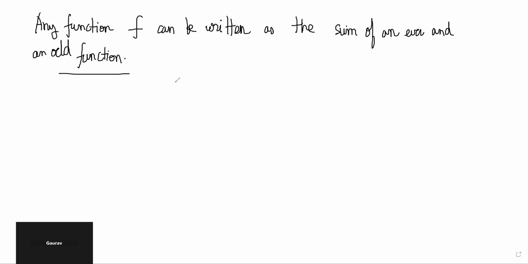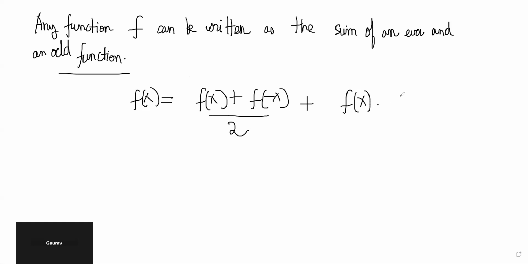Think about it. f of x, I can write it like this: f of x plus f of minus x by 2, plus f of x minus f of minus x by 2. Notice that this is the same thing as f of x, right? Yes.